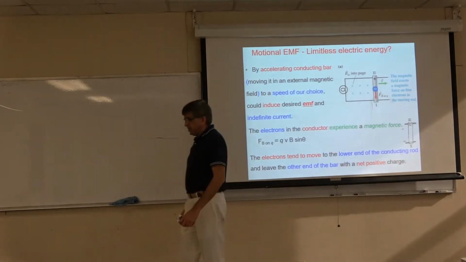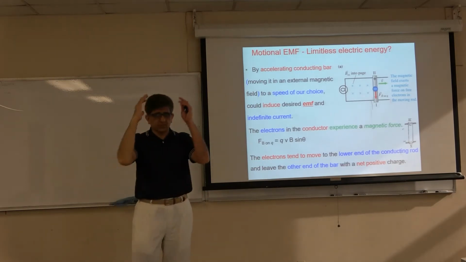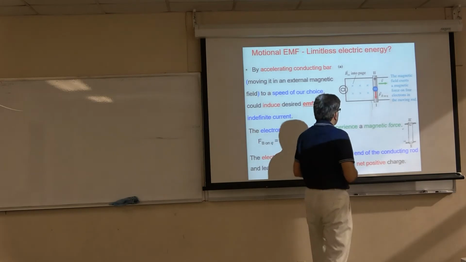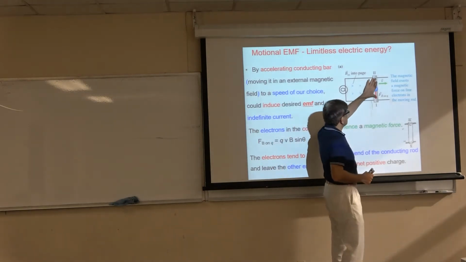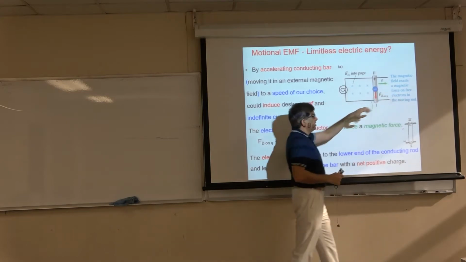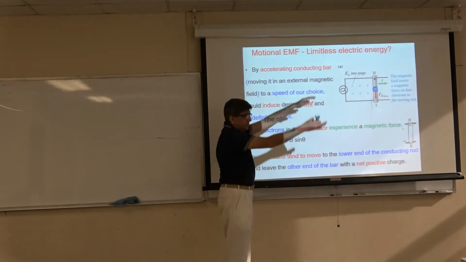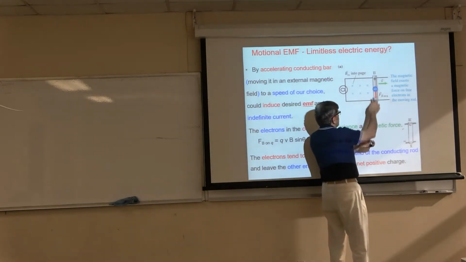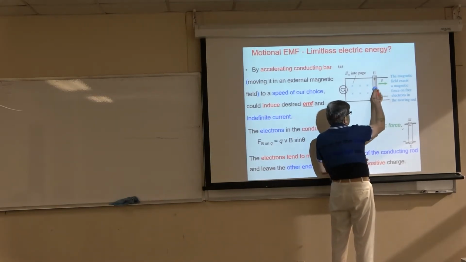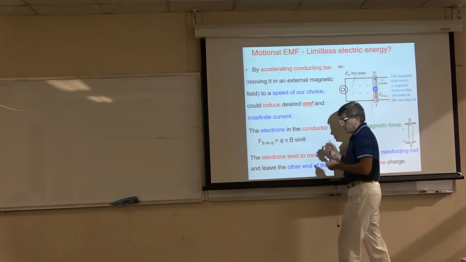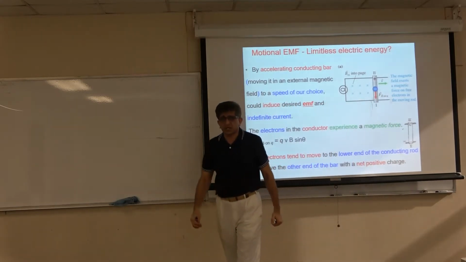Let's see. The negative charge, the electron in this conducting bar, which is part of the bar, will also start moving as the whole setup moves. As the bar slides, the electron residing here will also be moving, just like when we are sitting in a train or a car.